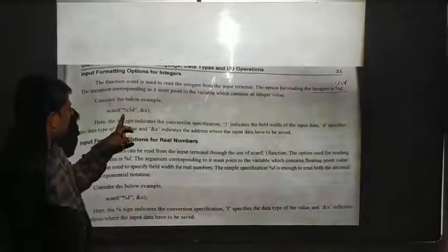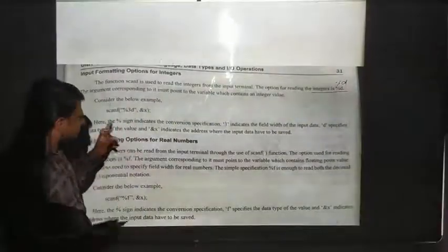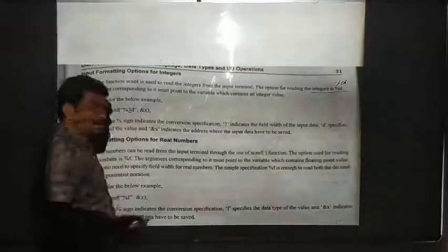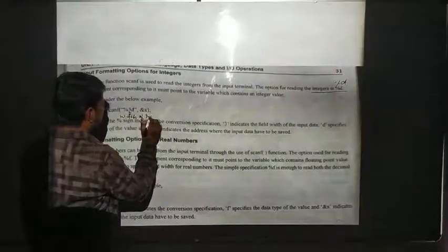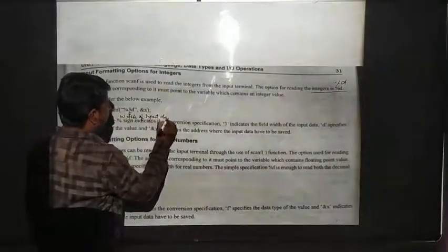Using the scanf function you will give input to the system. In %3d, 3 is the width of the input data, meaning in how much space the input which you have given has to be printed.